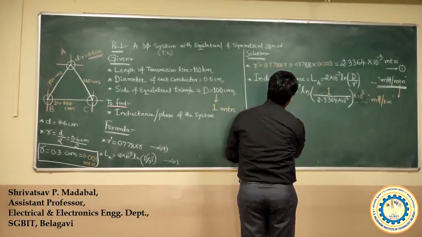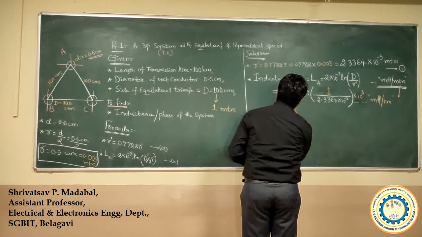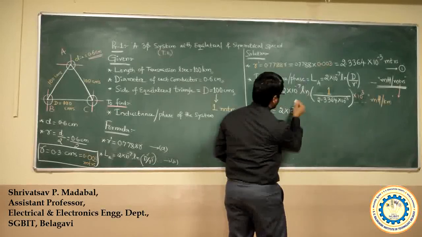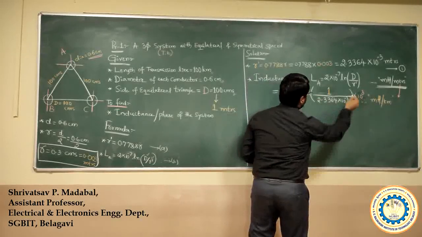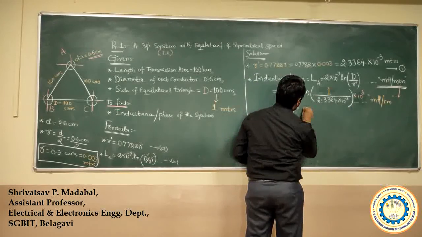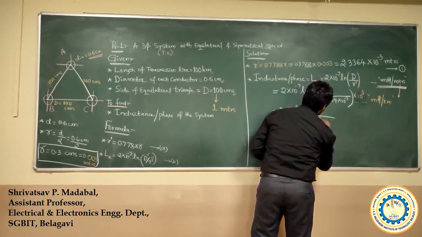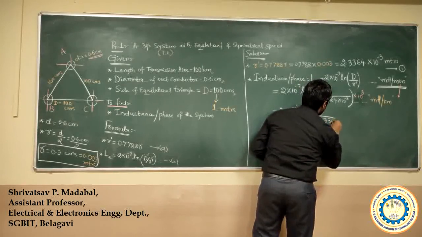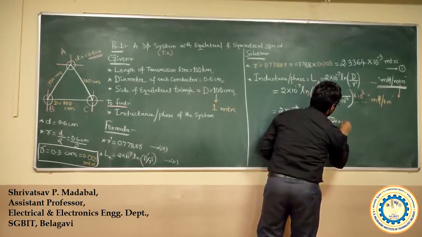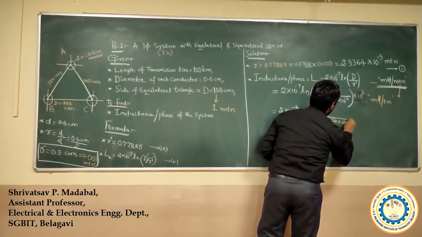So what happens in the equation? It appears to be 10 to the power minus 7, 10 to the power 3. So it will be 10 to the power minus 4 ln of 1 divided by 2.3364 into 10 to the power minus 3.